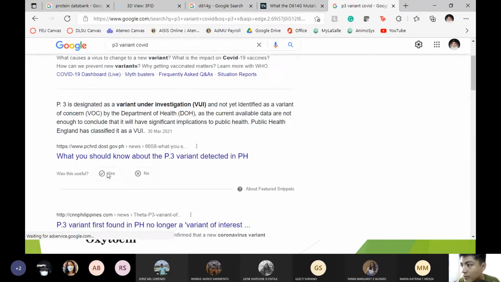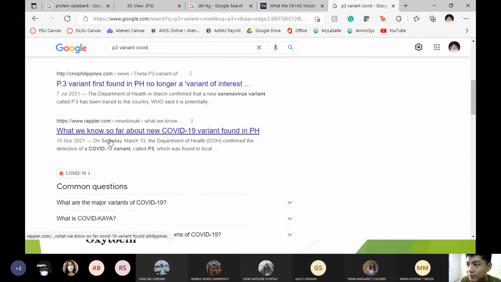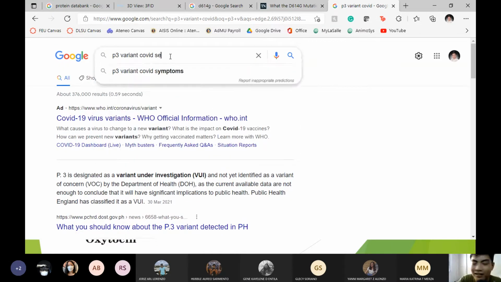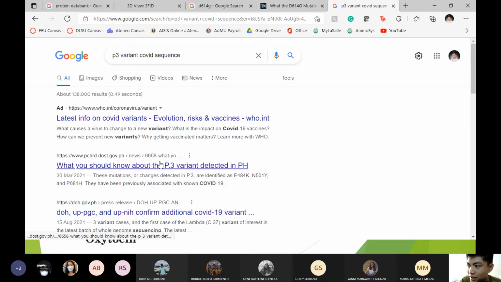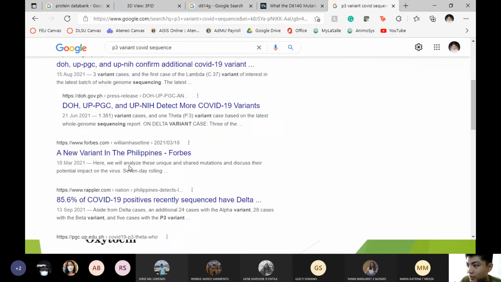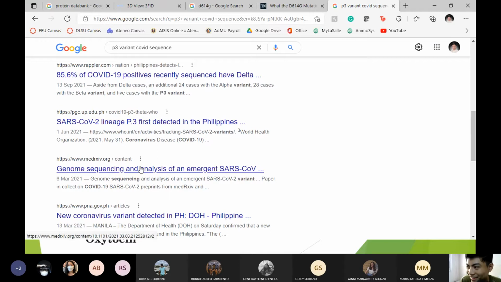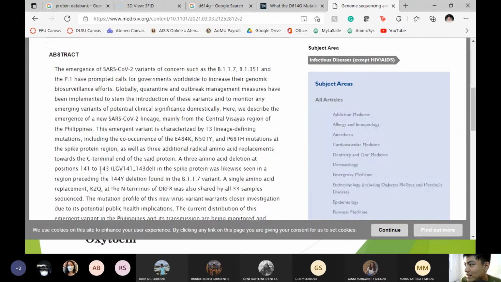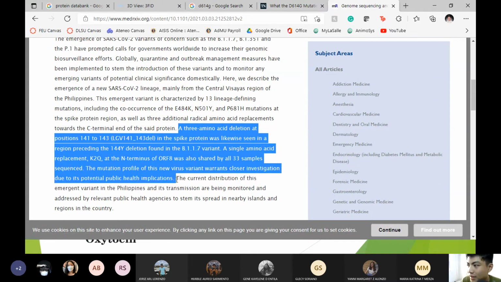Sequence. Okay. And so let's take a look at the P3 variant. We can't get much data because it's from the Philippines. I hope we can see some info here. Let's just read it.